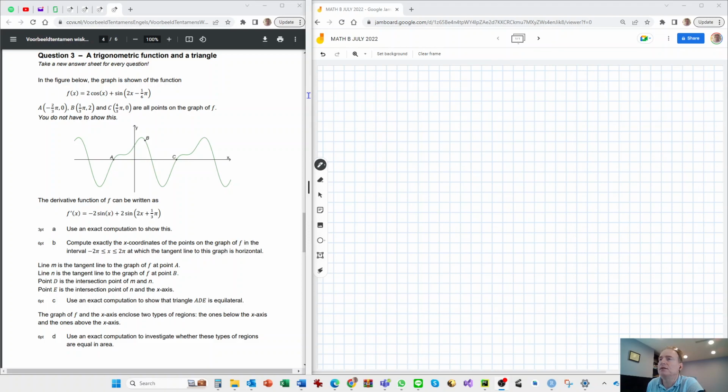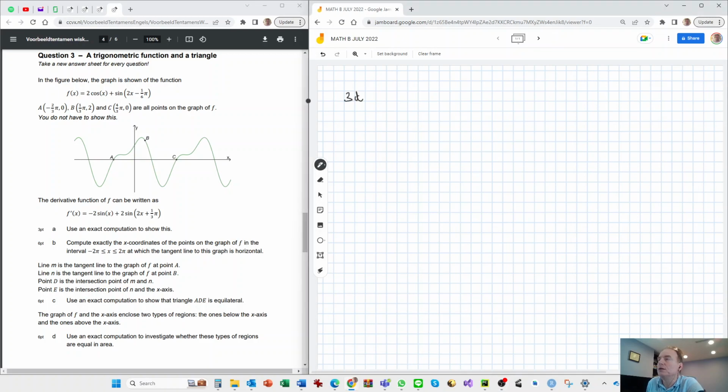It's the least common multiple of these periods, and the period is actually 2 pi. So we just need to evaluate the integral over one such period. From that we can tell whether or not the regions are equal in area.